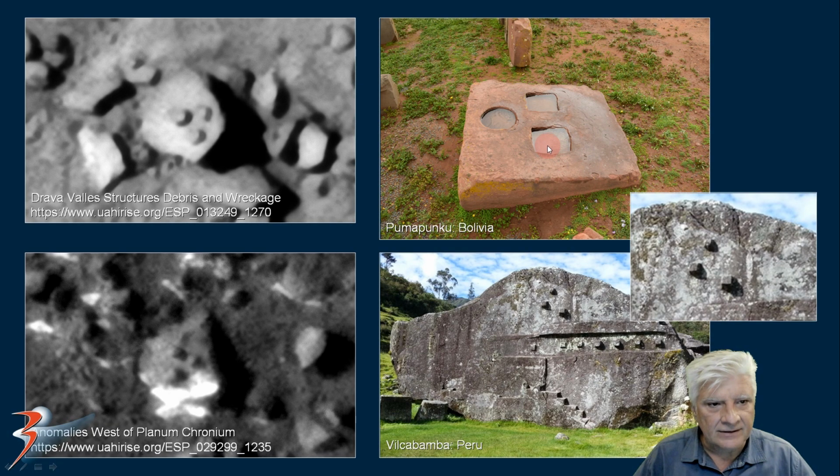And on Earth we also find triangular depictions. We're looking at the one megalith in Pumapunku, Bolivia, and then the three objects or protrusions arranged in a triangle at the lost city of the Inca, Vilcabamba, Peru.